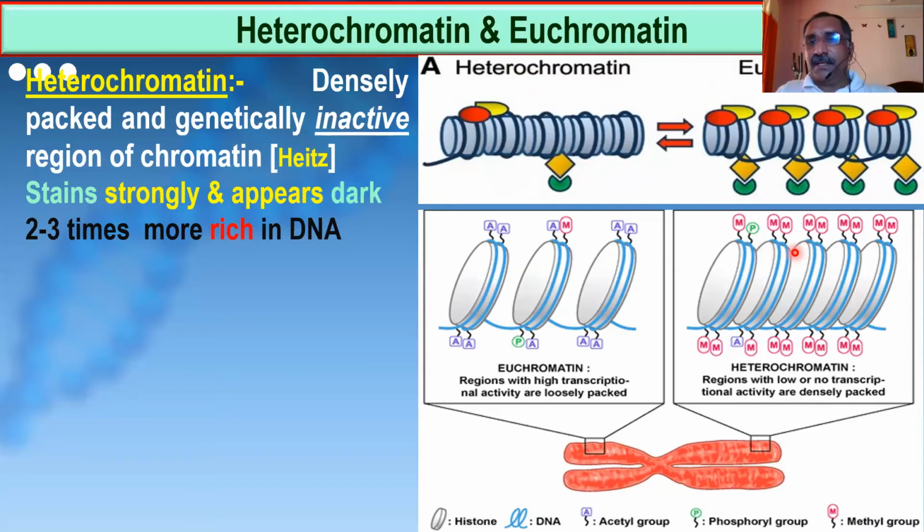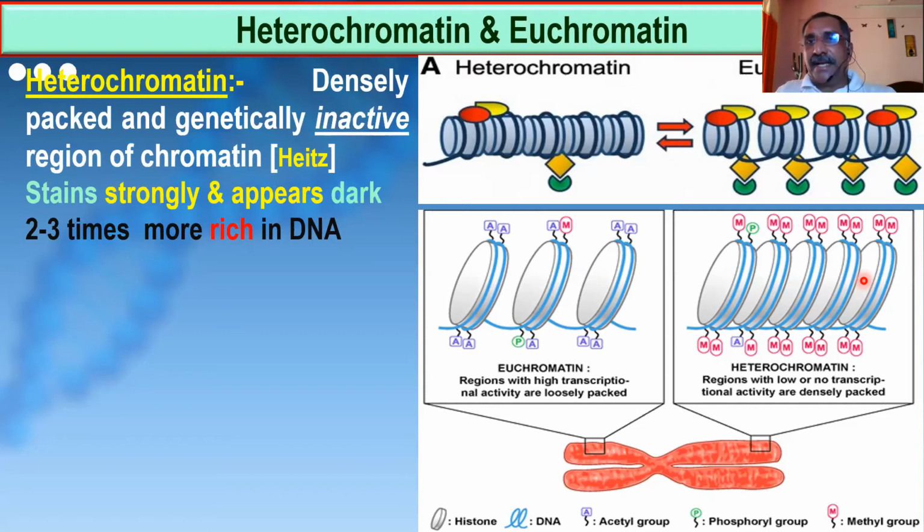Where it is closely packed, it takes a lot of stain, and because of that it is a dark colored area, and this dark colored area we can notice is not so active. It is a staining area, a lot of DNA is there in this.